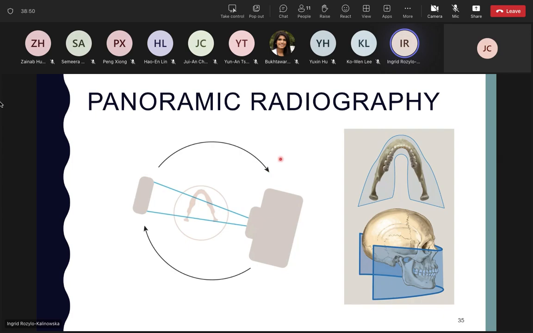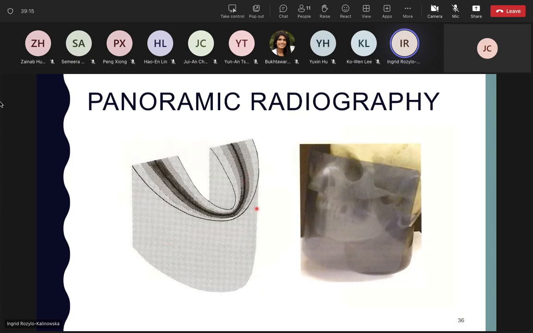In these first radiographs, the tomographic layer was more narrow in anterior jaw and thicker in posterior jaw. So altogether, the whole mandible, the whole maxilla would fit in the radiographic tomographic plane. And this is a schematic drawing of this focal plane.